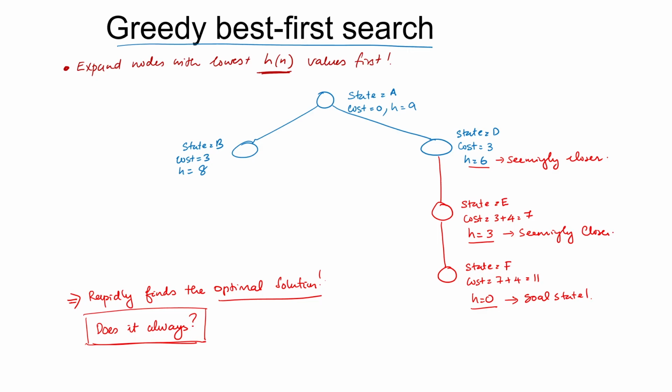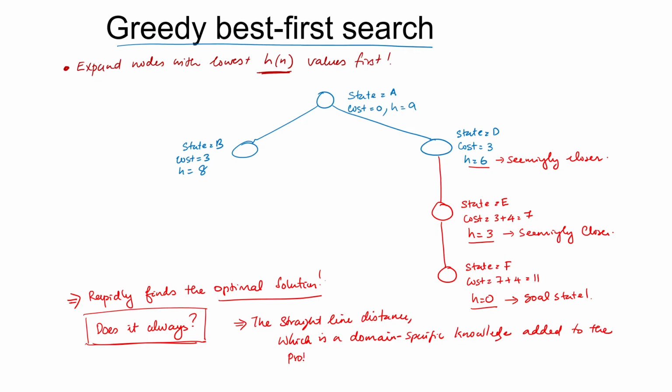If you look into this, what we have done is add the straight line distance, which is domain specific knowledge, to the problem, and it helped us decide which state or node to expand.